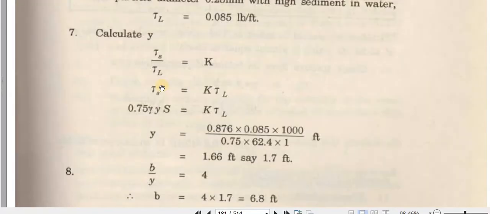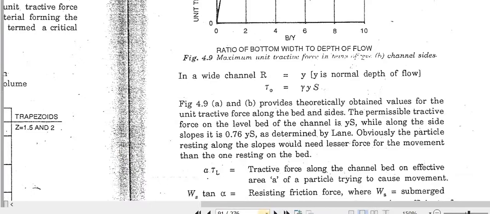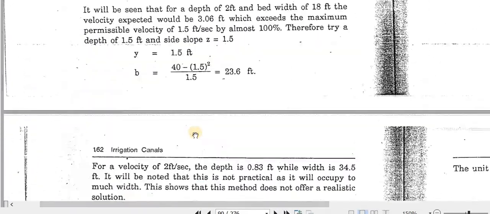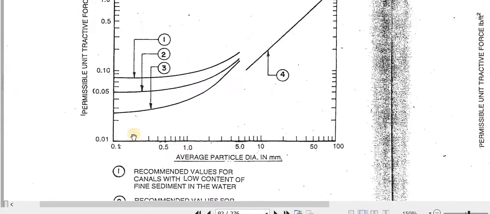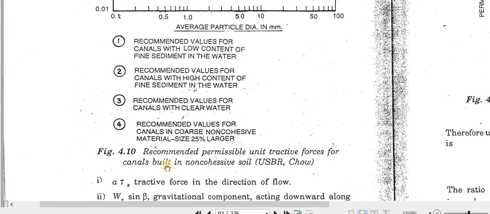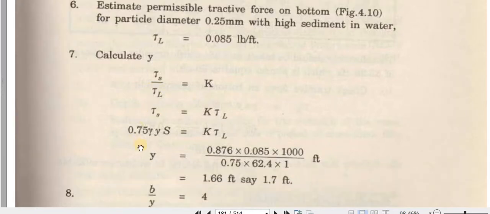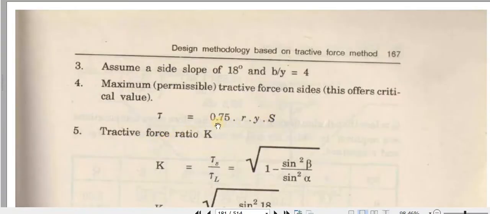TS is the critical force on the side, and TL is the critical force on the bed, and this was the maximum tractive force which we calculated from the graph, the permissible unit tractive force on the bed, tractive force for a canal built in non-cohesive soil. Now TS over TL is equal to K. We can calculate TS, and the unit tractive force for the side was 0.75 gamma YS.